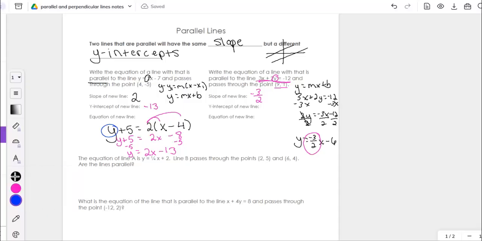Then, to find my y-intercept, I'm going to use the y equals mx plus b way. 1 is my y, so I plug in 1 for y, m is negative 3 over 2, and for my x I plug in that 9, plus b. 1 equals negative 27/2 plus b, and then add it. You get b equals 29/2.